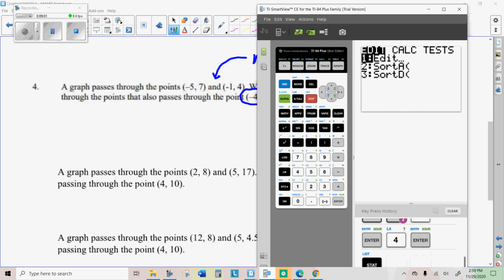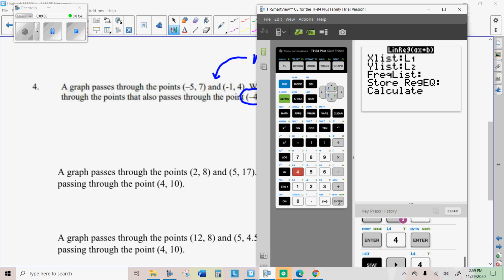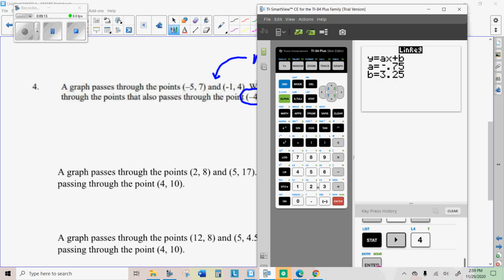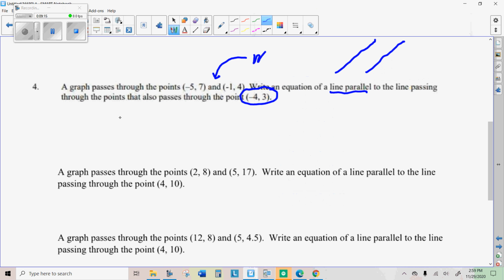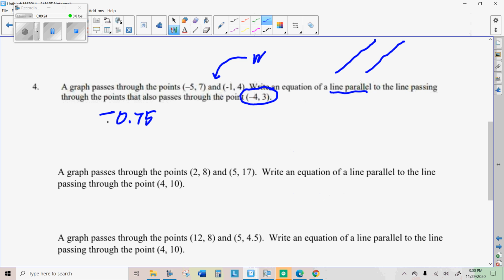And then calculate that. Linear regression. This I'm just doing to get my slope. Once I have my slope, then I can figure out the rest. Okay. So my slope is -0.75. Was that a -0.75? Let's get that back in. Yeah. Okay.